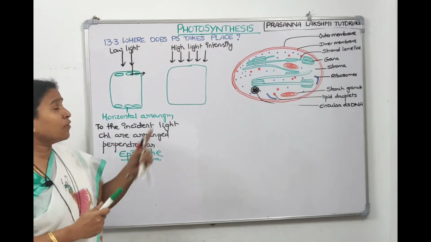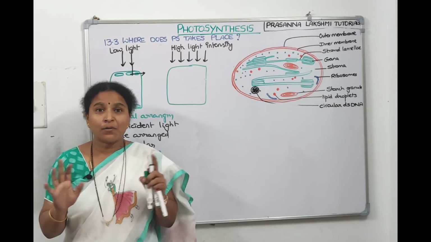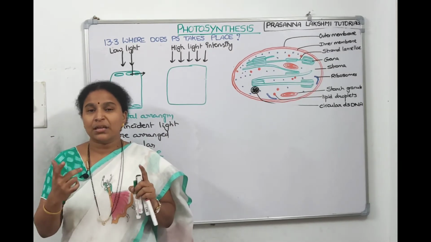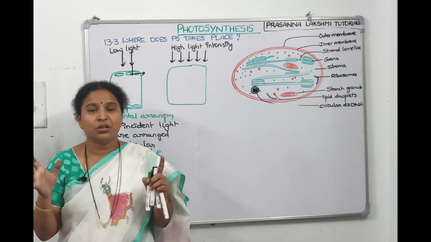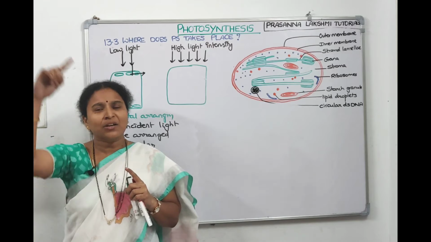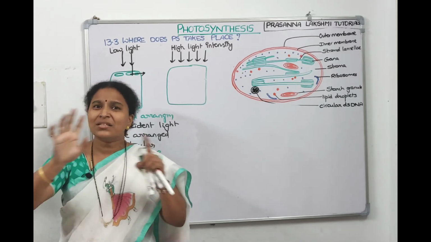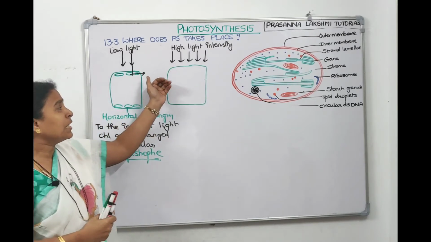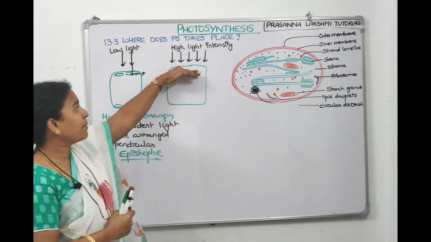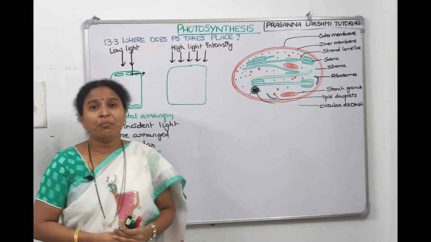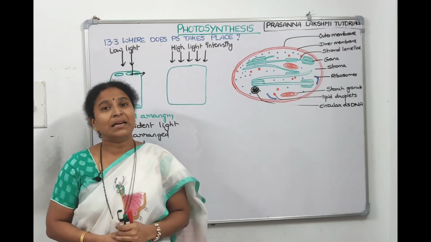Now when the intensity of light is very high, see, in dark we cannot see anything. That means light is required for us to see any object. Still, can we directly look into the sunlight? Try doing this. Directly look into the sunlight, it becomes blank and we cannot see anything. In the same manner, at high light intensities, if the chloroplasts are placed the way they are placed here, the pigments present in the chloroplast might get damaged.